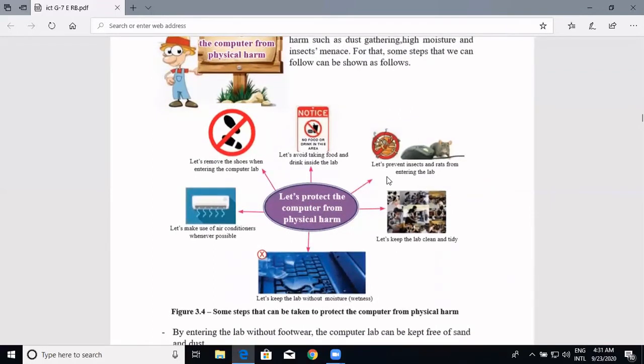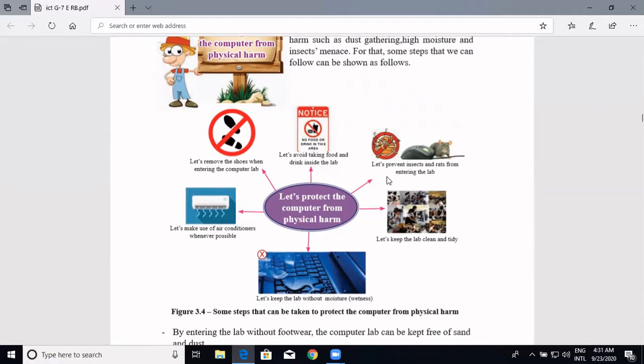For example, usually it's good to have an air conditioned environment, and normally in schools they are not allowing you to wear footwear, right? They will ask you to remove the shoes when you're entering. That's mainly because of the dust particles. And avoid taking food and drinks, because if you spill them on your machine, it will damage the machine.